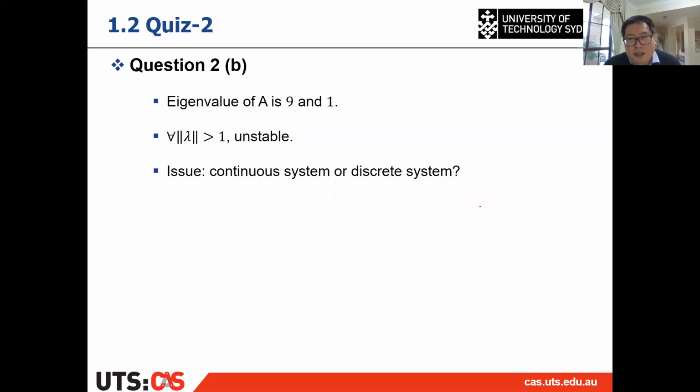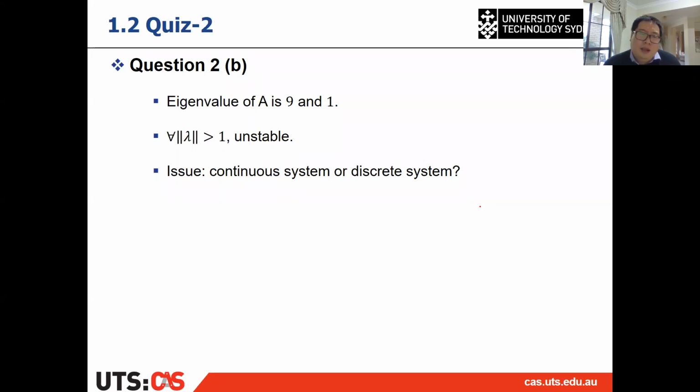Again, the first thing is you need to check if the system is continuous or discrete. In this question, it is quite obvious it is a discrete time system. The criteria for stability for continuous and discrete time systems are different.